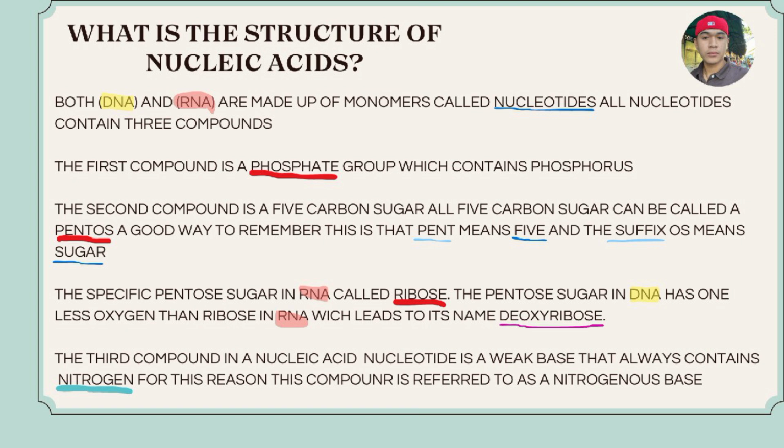The pentose sugar in DNA has one less oxygen than ribose in RNA, which leads to its name, deoxyribose. The third compound in a nucleotide is a weak base that always contains nitrogen. For this reason, this compound is referred to as a nitrogenous base.